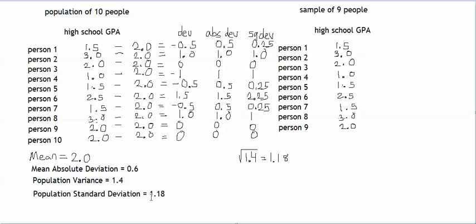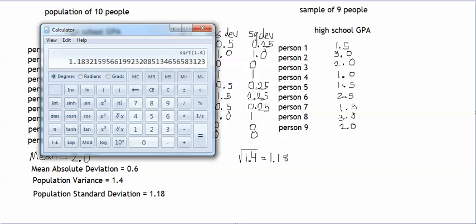What if we wanted to find these same values with a sample of 9 out of the 10 people? We would need to start by finding the mean of the sample. Let's add the data values of the 9 people in the sample and divide the total by 9 to get the sample mean.